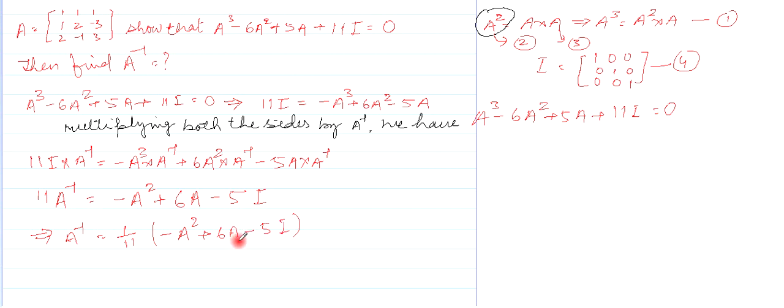The given matrix is already there, so we find the value of this expression, clear. And then after that, whatever matrix will come here, the elements of that matrix are divided by 11, otherwise we can keep this 11 outside the determinant. So this is the method to find the inverse of a matrix with the help of the given expression. This is the third method, right?